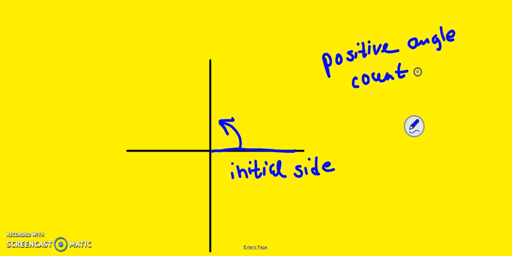Everybody knows about counterclockwise and clockwise. If we look at an analog clock, with 12 at the very top and 6 at the bottom, going clockwise means we're going this direction around.